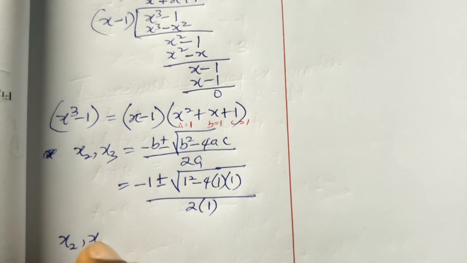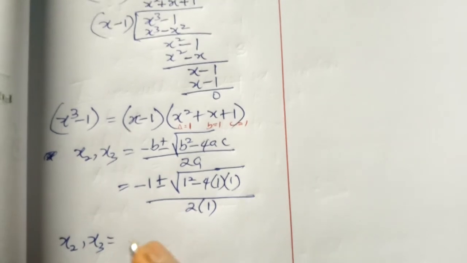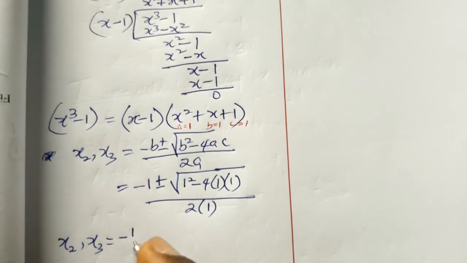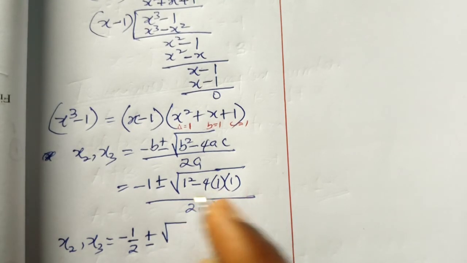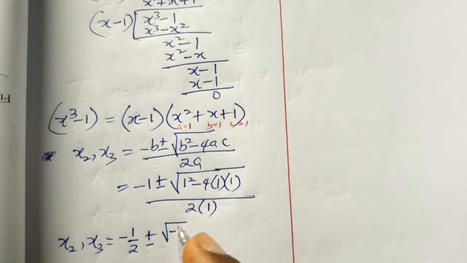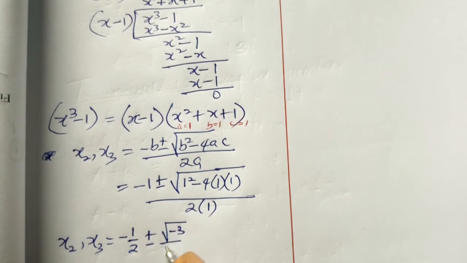So that x2 and x3 will give us minus 1 over 2, if you like, plus or minus the square root of 1 minus 4, which is minus 3, over 2.